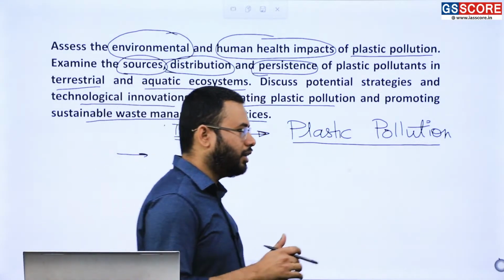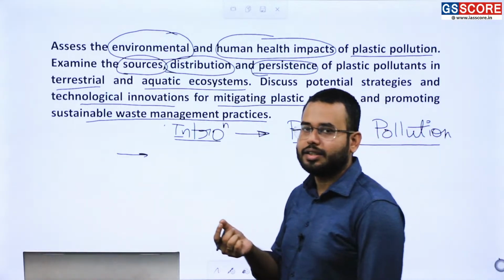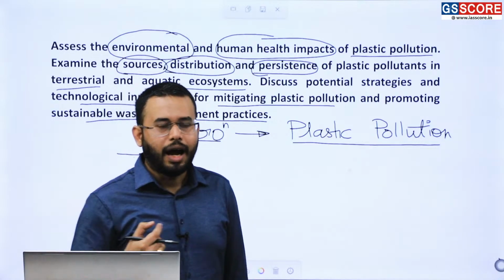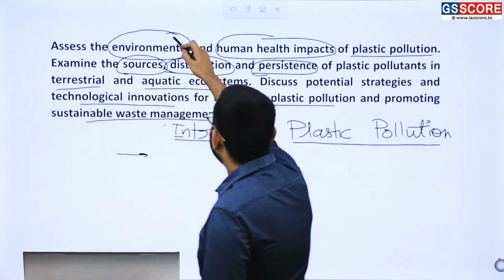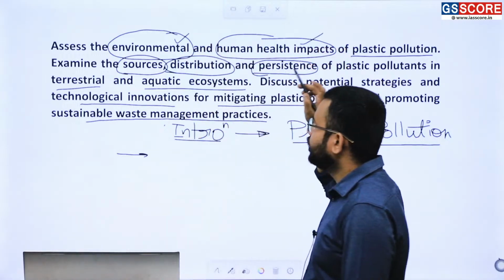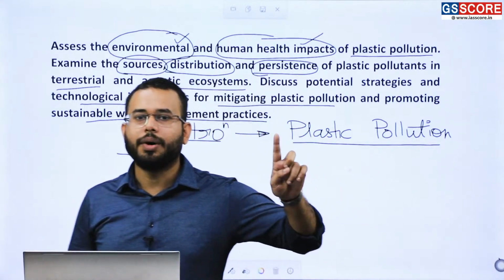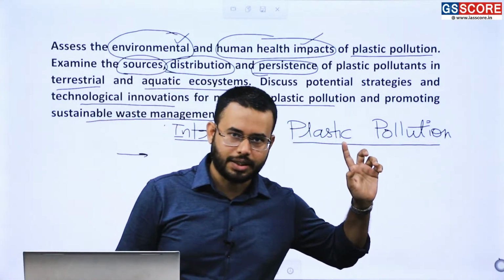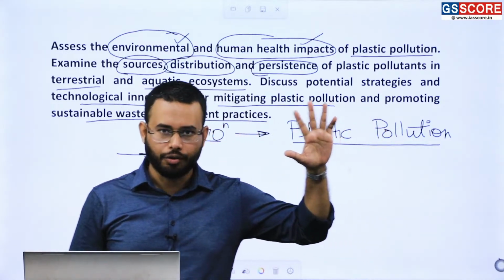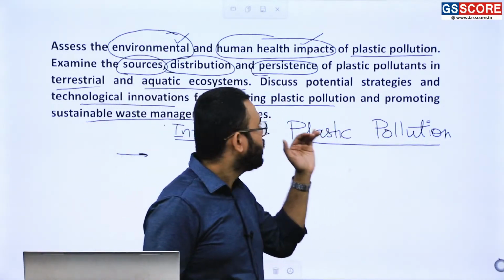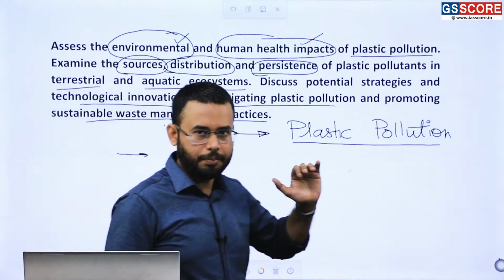But if you look at the environmental damage, the core issue with plastic is that it is non-biodegradable, right? And the magnitude of its issue. So when we are addressing environmental and human health impact, the environmental impact is majorly because of the non-biodegradable nature of plastics, right? So it persists in the environment for a longer period of time. So that is the major issue. So in the impact, you need to address this part as well. Fine.